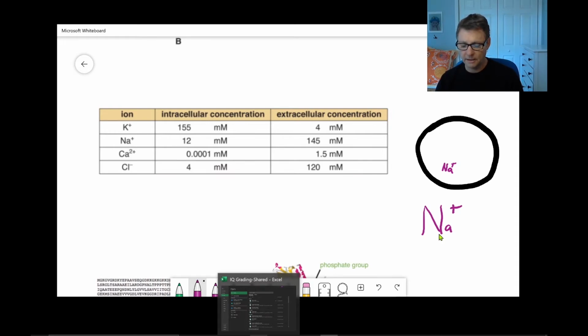We have very high sodium concentration on the outside, a very big concentration of potassium on the inside, and very little potassium on the outside.